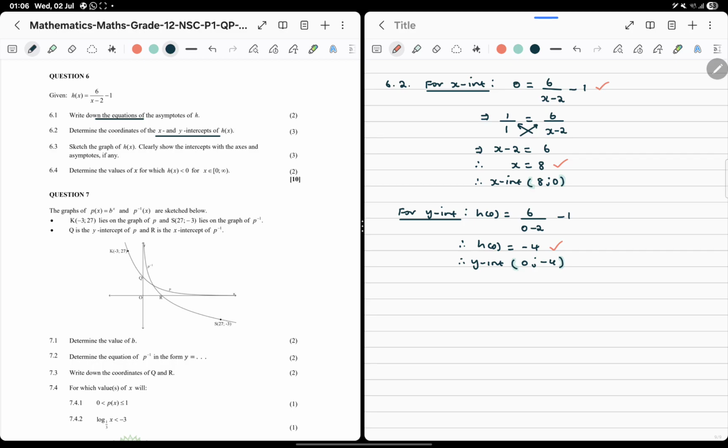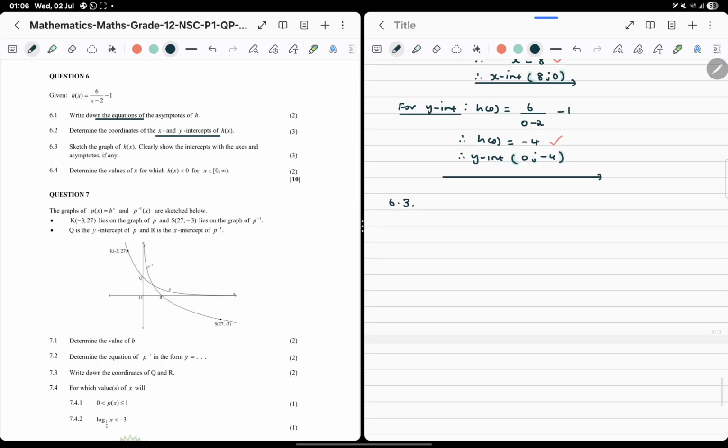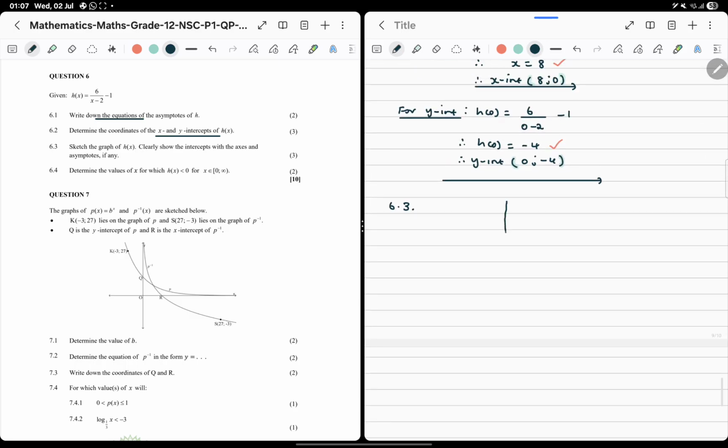Now, 6.3. Okay, maybe let's close this argument nicely, as well as that. Right, so 6.3 says we need to sketch the graph. Okay, stuff that we know. So we just draw the Cartesian plane.